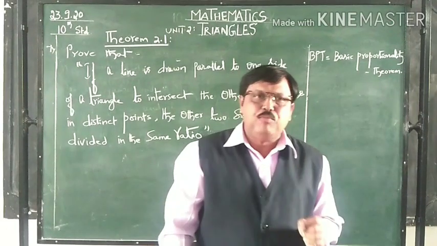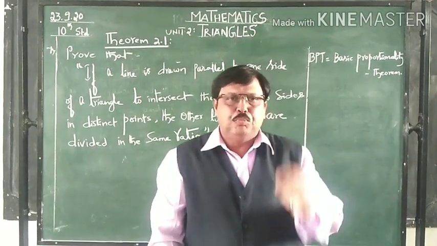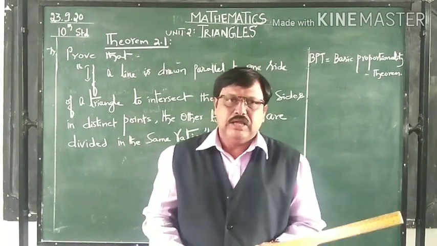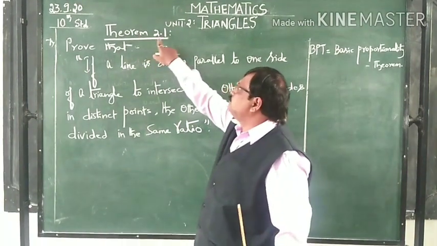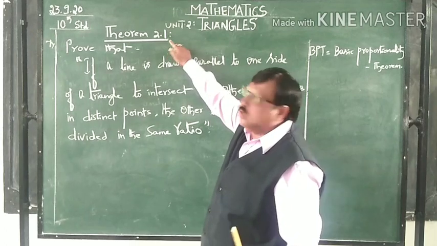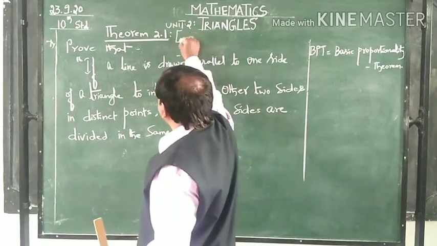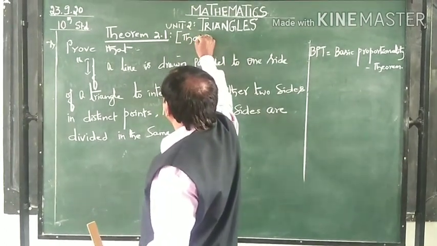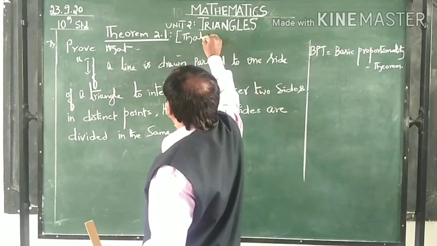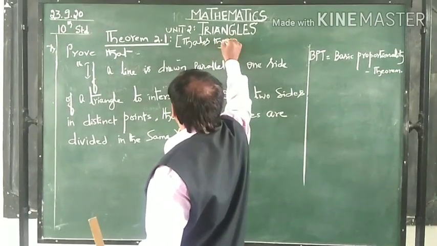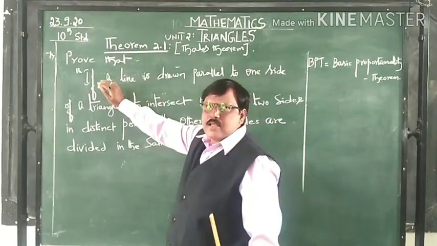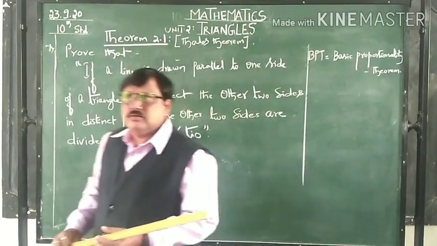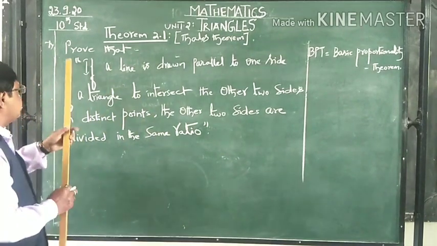Students, now it is very important to prove Thales theorem. In this chapter, this theorem is numbered as theorem 2.1 called Thales theorem. So the question in your exam they may ask like this.